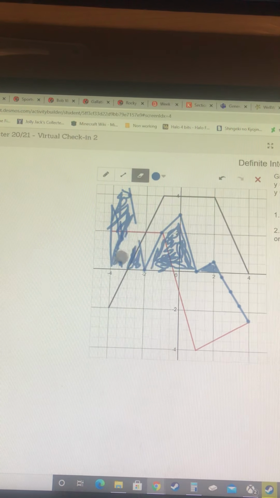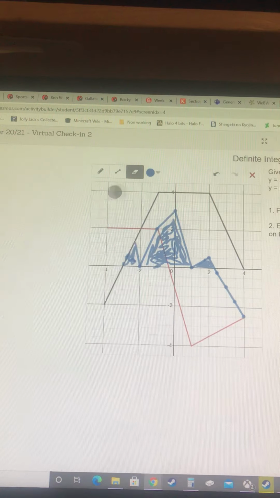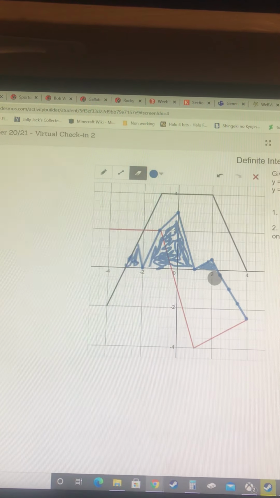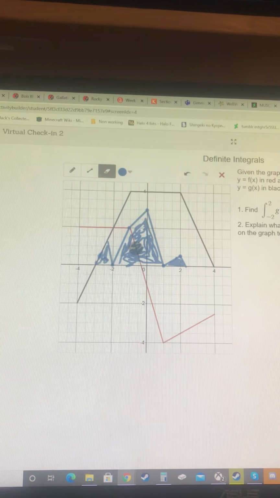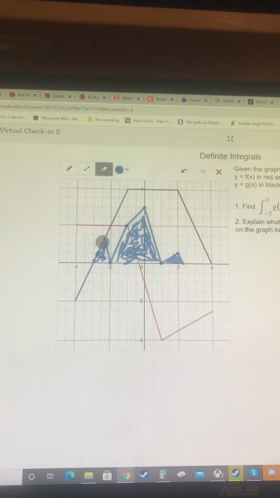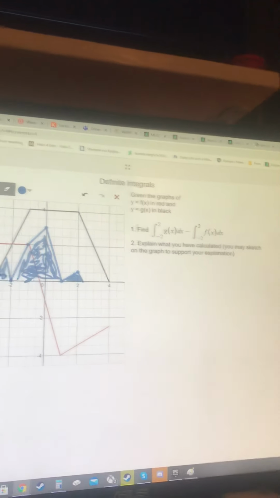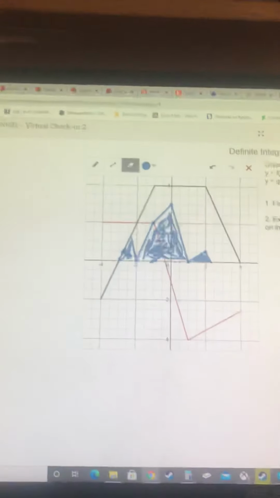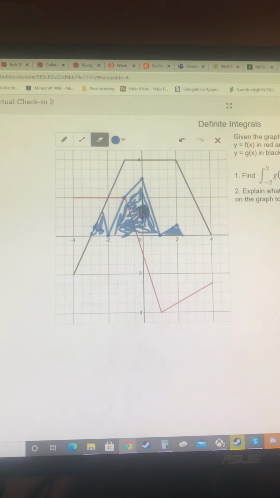Actually, second thought, we wouldn't really integrate this because it's not under g of x, and we wouldn't really integrate that either. So basically, we're left with this Everest-looking peak, nice little mountains here, as the area that we integrate when we take these two formulas. And this comes out to something like 17.48.